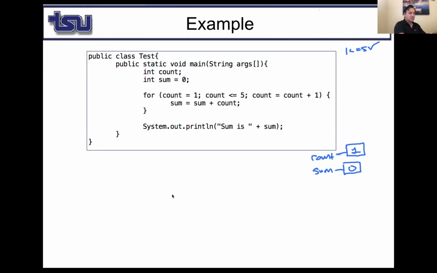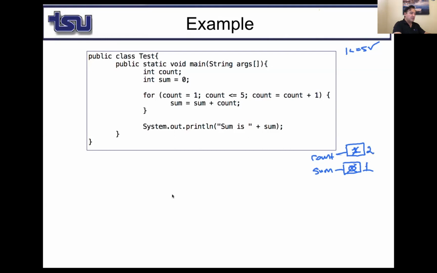And it says sum is equal to sum plus count. Sum is equal to 0 plus 1, because sum is 0, count is 1. So sum becomes 1. Okay? And then I'm going to do update. Update is count is equal to count plus 1. That means count will be 2 now.